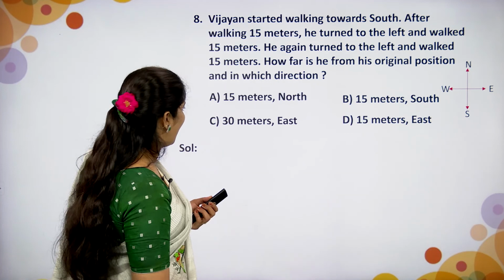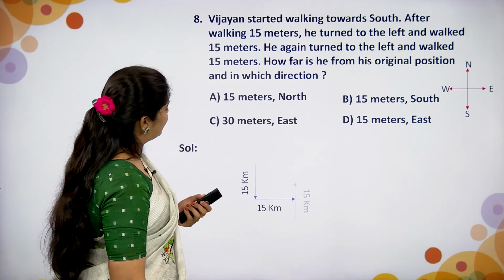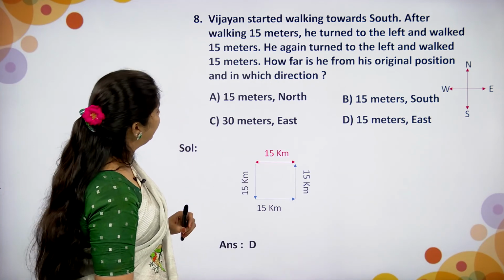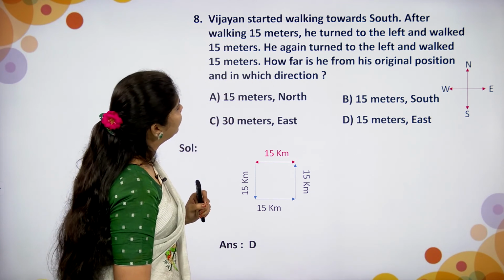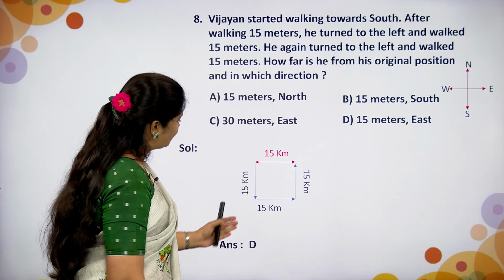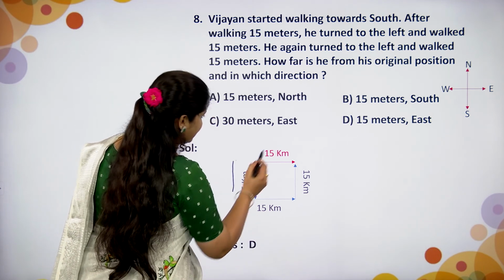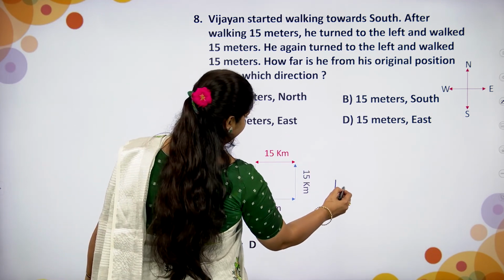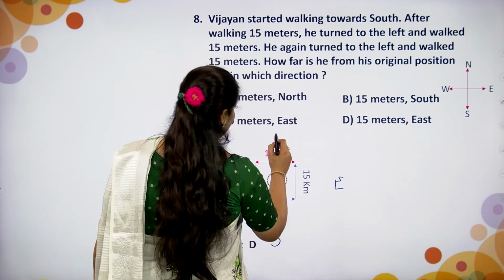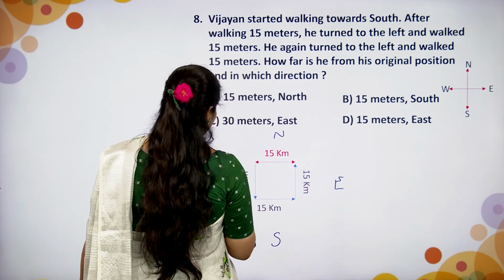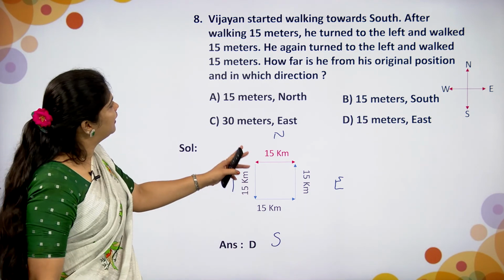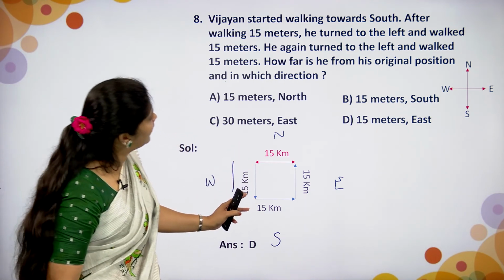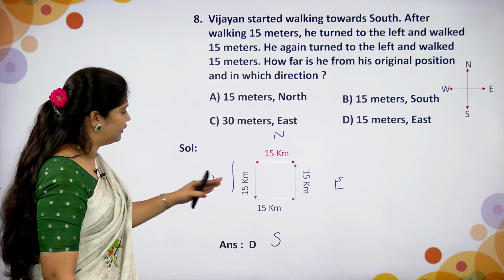Okay children, now first he travelled walking 15 meters towards south direction. This is east, children. This is south. This is north. This is west. Now he travelled 15 meters towards south direction and he turned from here.